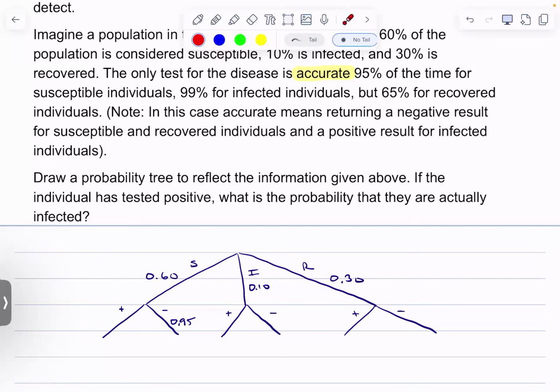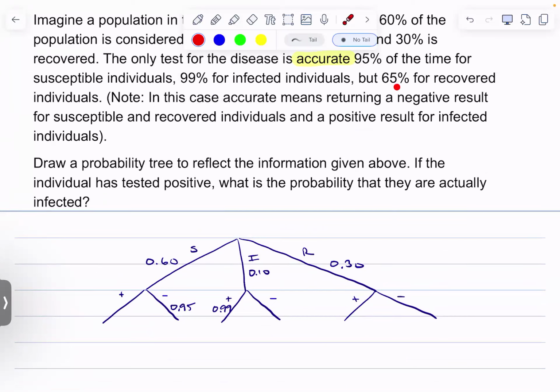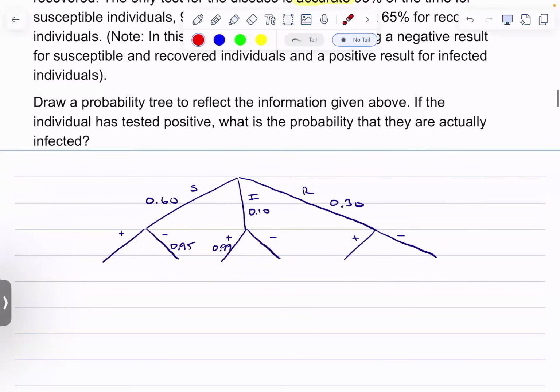Which is a switcheroo. So now here, 0.99, and 65% accurate for recovered individuals. Now, if you're recovered, then the result should be negative if it's accurate. And so that's a low probability, probably because you have antibodies and things like that going on, and it's hard to detect.